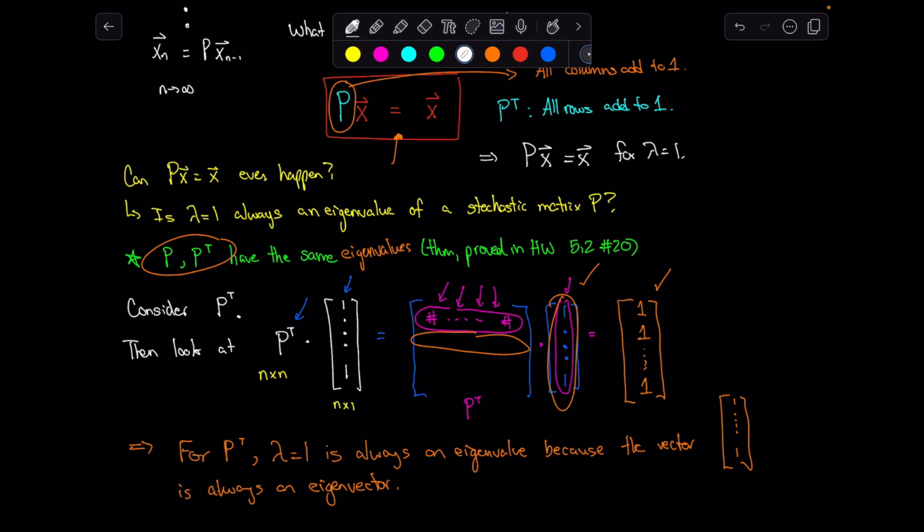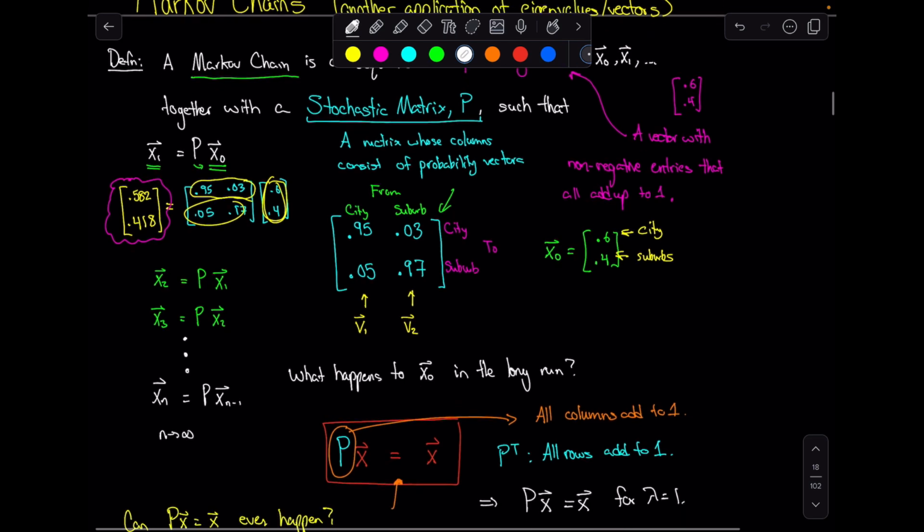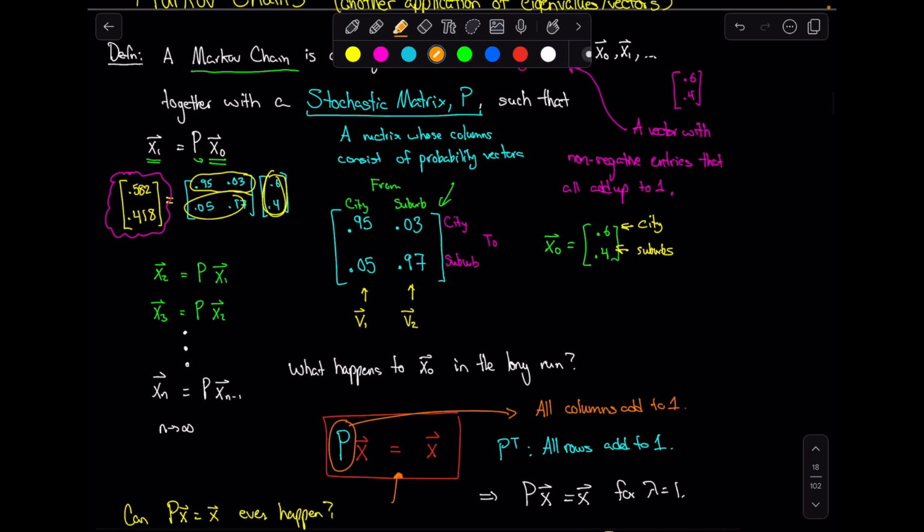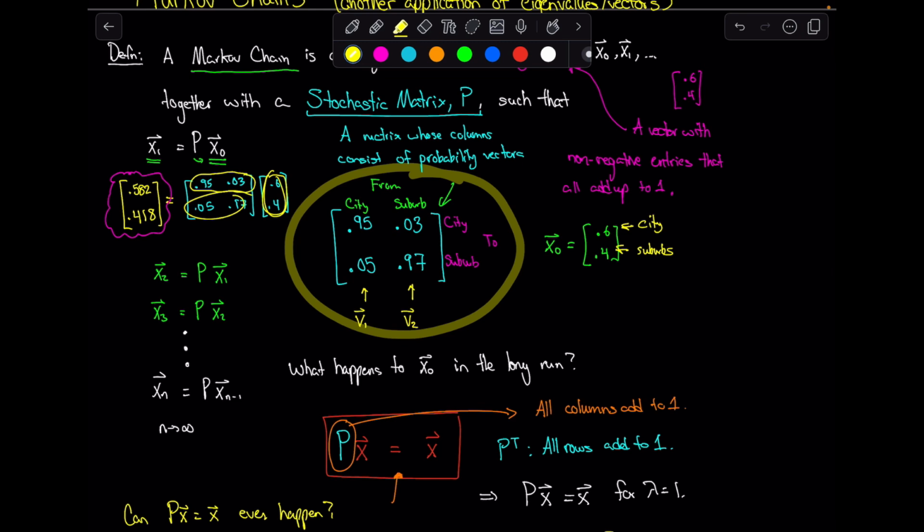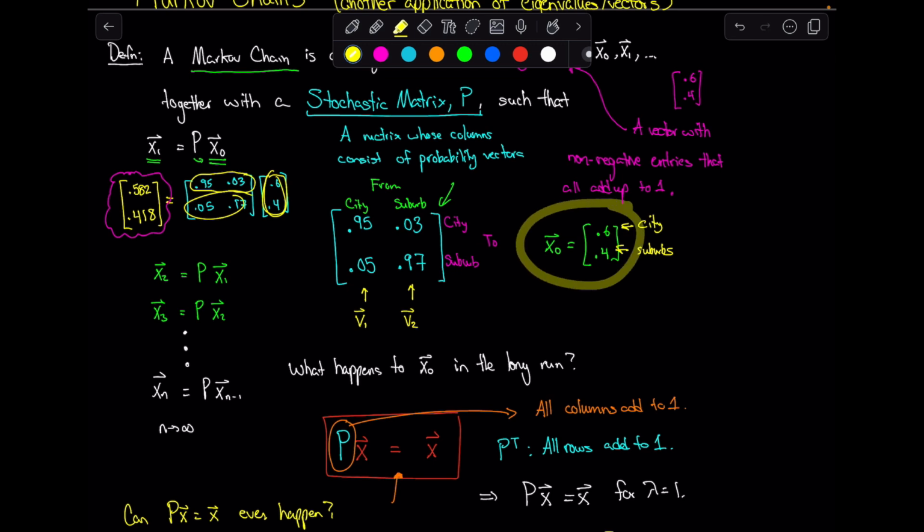So, taking a deep breath at this point, what this basically means is that if we go back to the stochastic matrix that I brought up for this application, which models how people are moving around between a city and suburbs and vice versa, if they are and if they aren't. If we start here and I ask the question, in the long run, as n approaches infinity, what will the population distribution be?